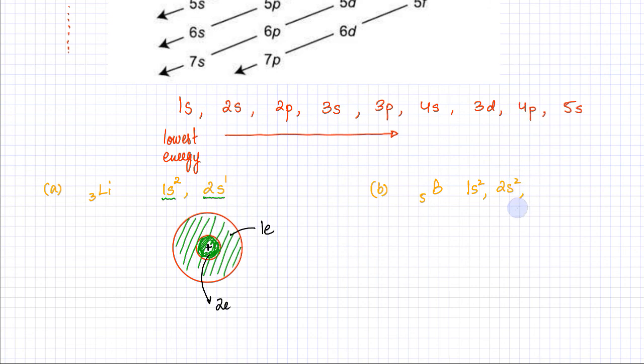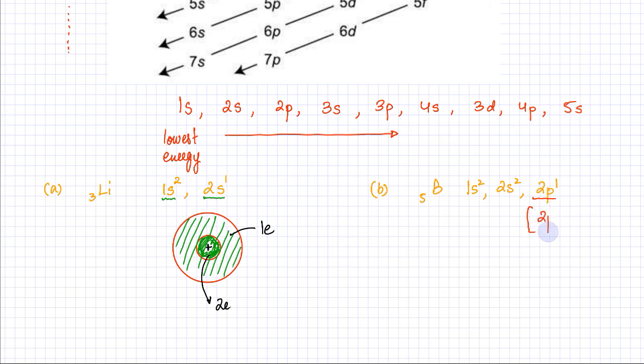Now after 1s and 2s, you have the 2p subshell that would be filled next. Remember, there's only 1 electron left, so 1 electron would go into this 2p subshell. The 2p subshell is made up of 3 p orbitals.